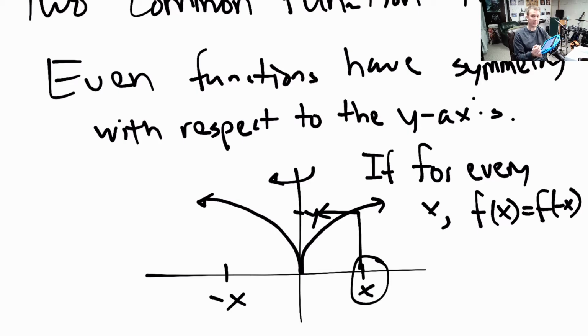If you get the exact same height when you plug in negative x, my graph is not quite drawn right here. If you get the exact same height, then you're dealing with an even function. This is what symmetry with respect to the y-axis means. You can reflect across the y-axis and your graph is not changed.